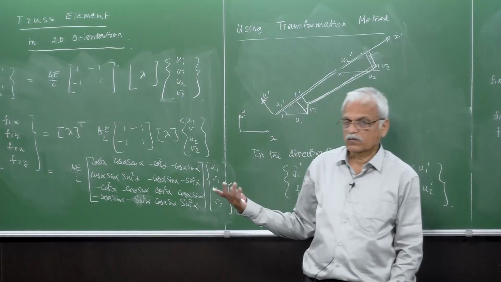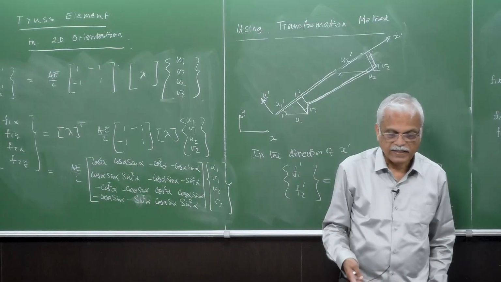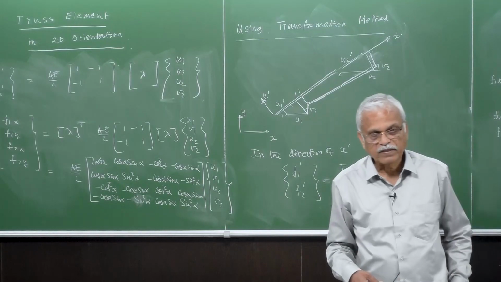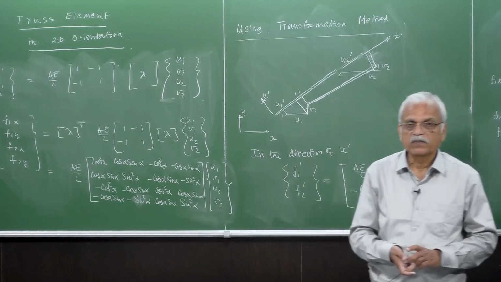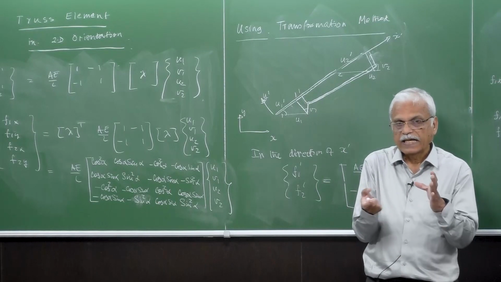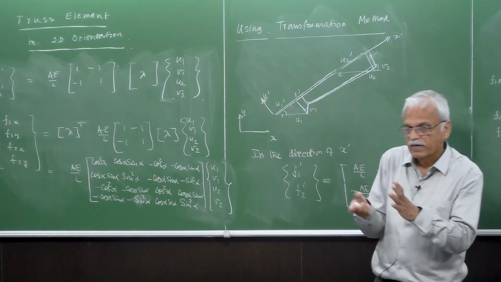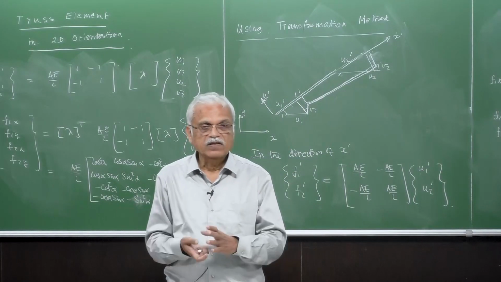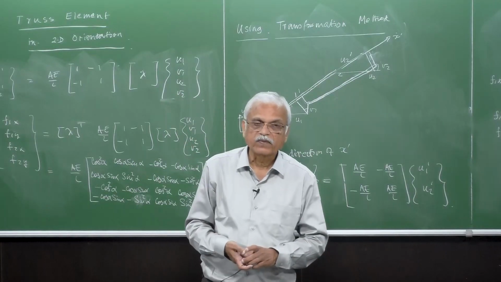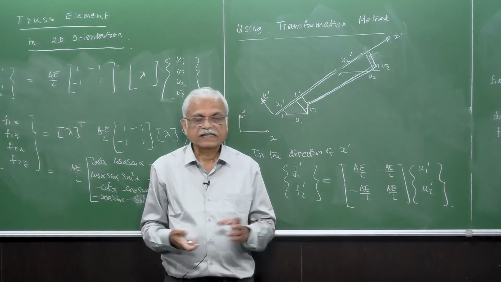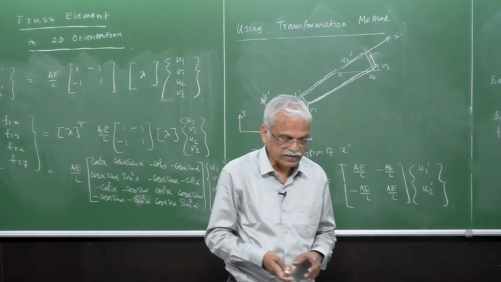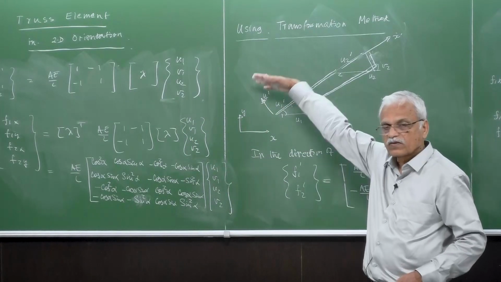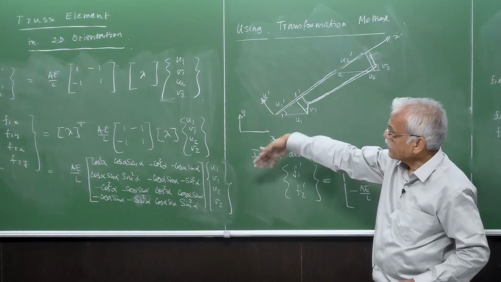For example, tomorrow I'll show you how to write it for the bending stiffness, so that also can be transformed into 3 dimensions. Anything derived in the local one-dimensional axial directions can always be transformed into general x, y, z directions. This is a very powerful technique, and we can derive the stiffness matrix in a very systematic manner.